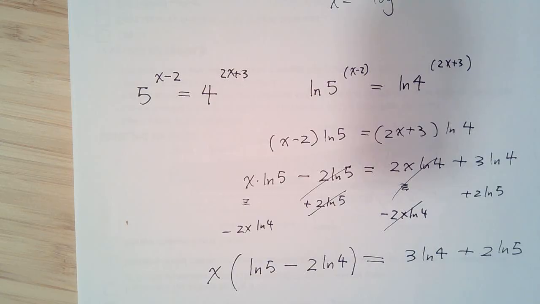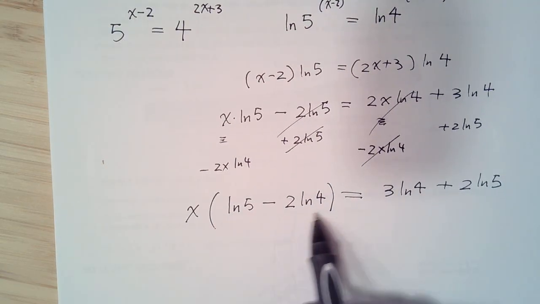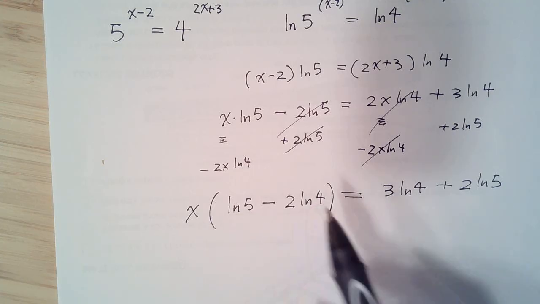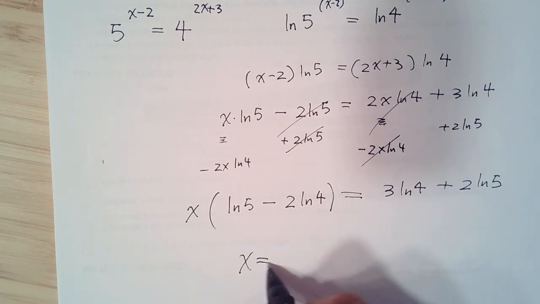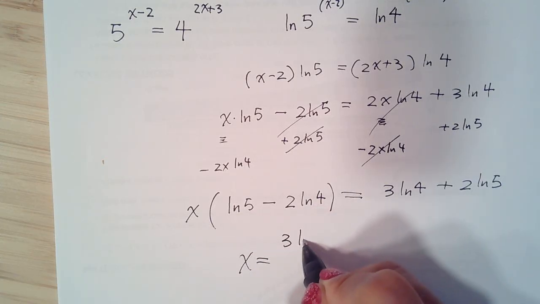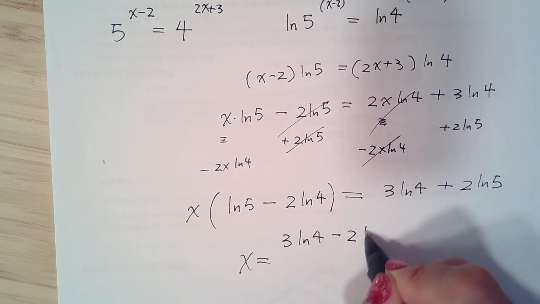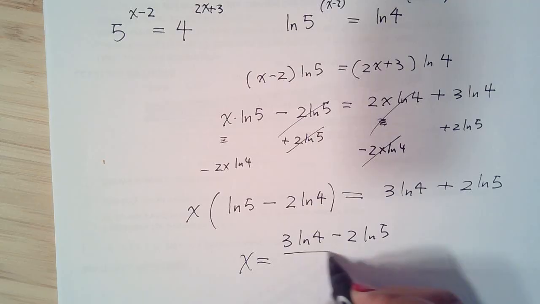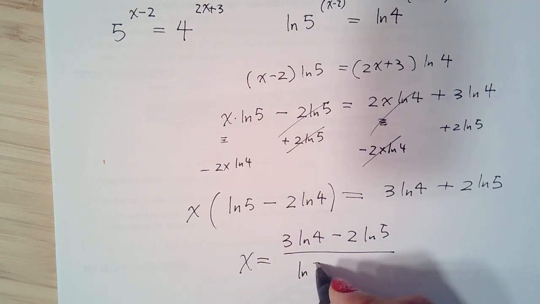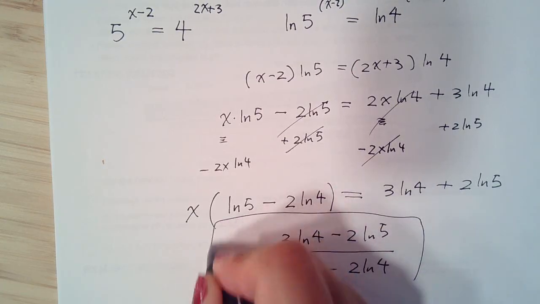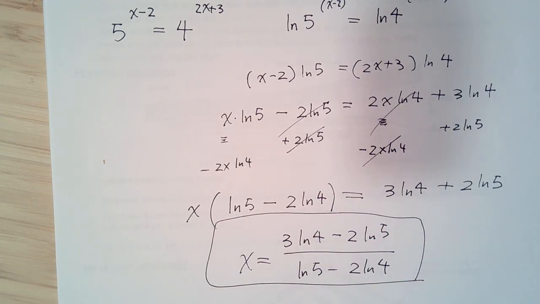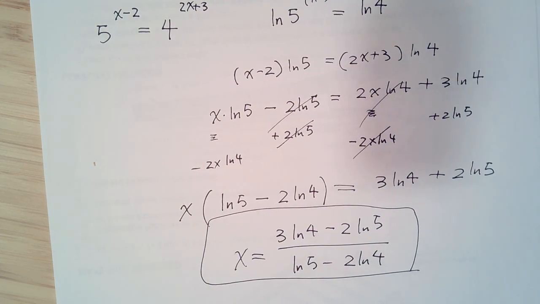Okay, and then in order to solve for x, I just need to divide by this. Therefore my x equals 3 ln 4 plus 2 ln 5 over this guy, ln 5 minus 2 ln 4. That's it. That's your answer, because the right side is a number. You can use a calculator to find it.